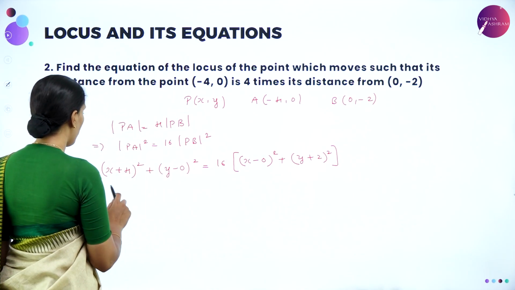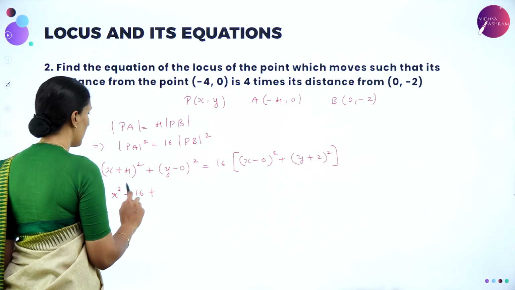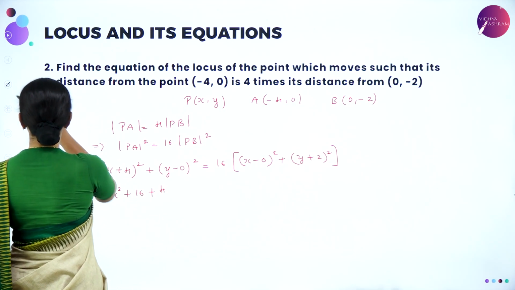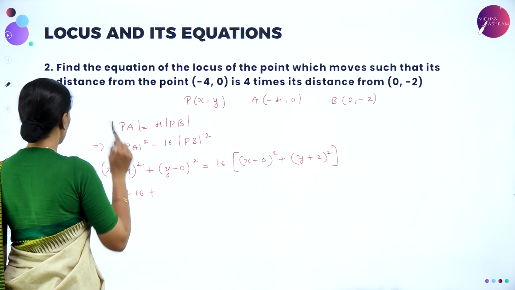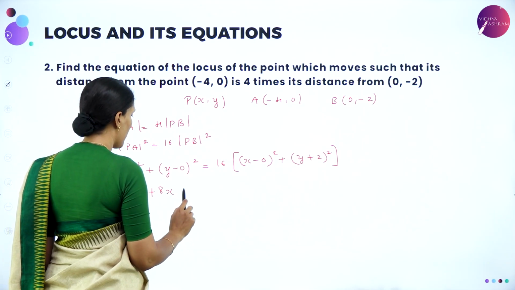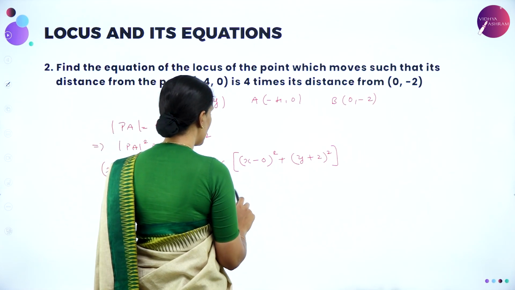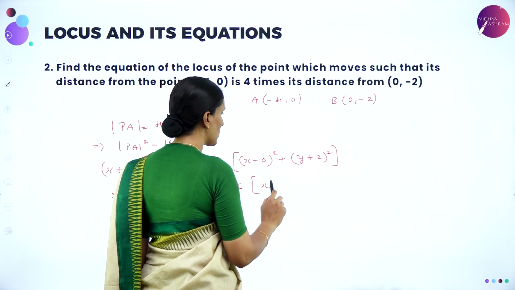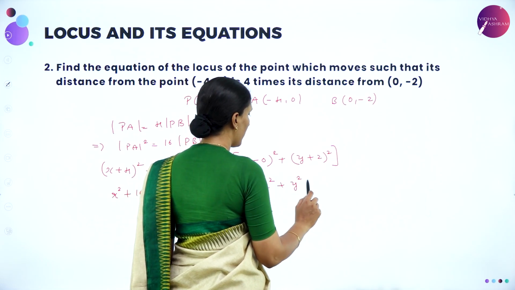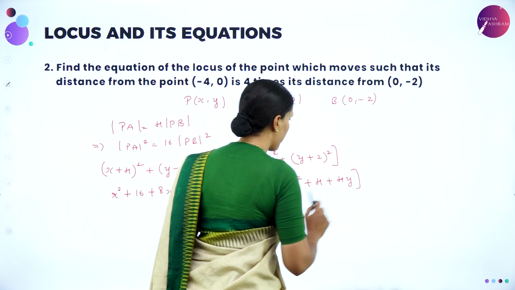Now let us apply the formula: x square plus 16 plus 8x plus y square is equal to 16 x square y square plus 4 plus 4y.